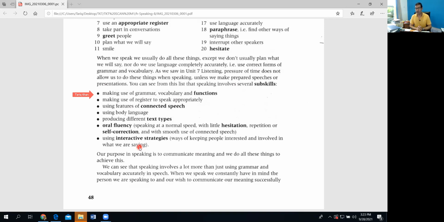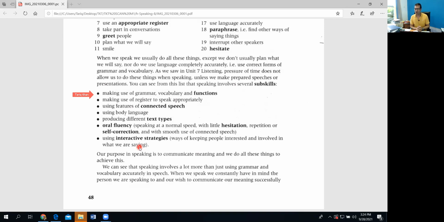So interactive strategies are very important, even in social life. Sometimes you like to hear some people when they are talking, but there are people you can't bear when they start speaking, because their way of speaking is boring.